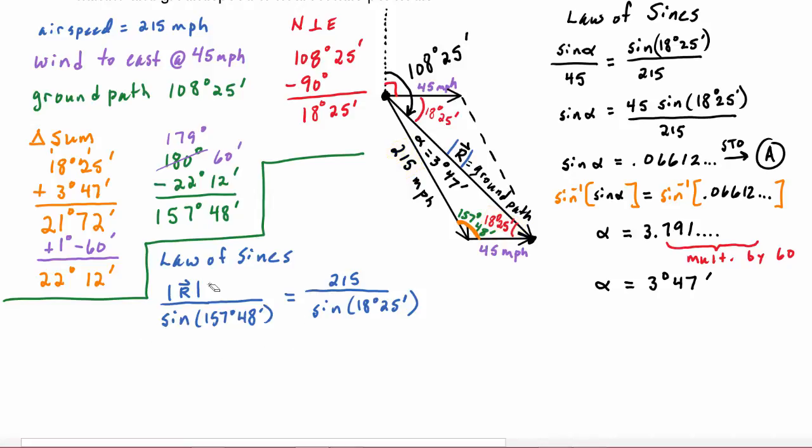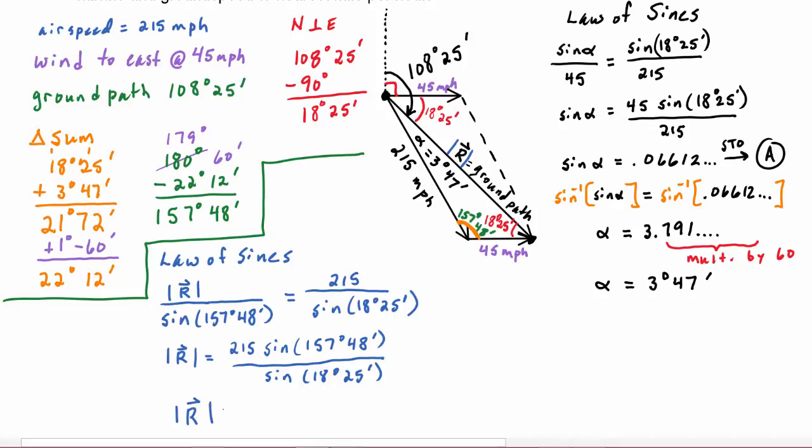cross multiplying, we get that the magnitude of r is going to be 215 times the sine of 157 degrees 48 minutes divided by the sine of 18 degrees 25 minutes.